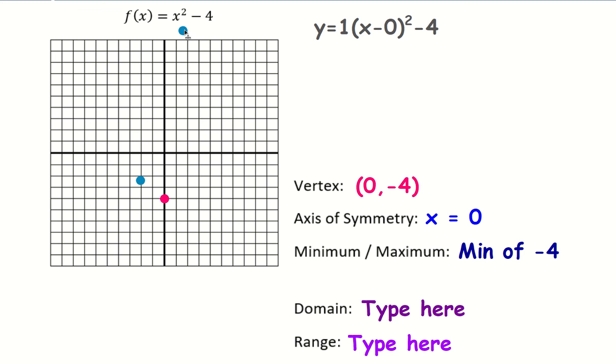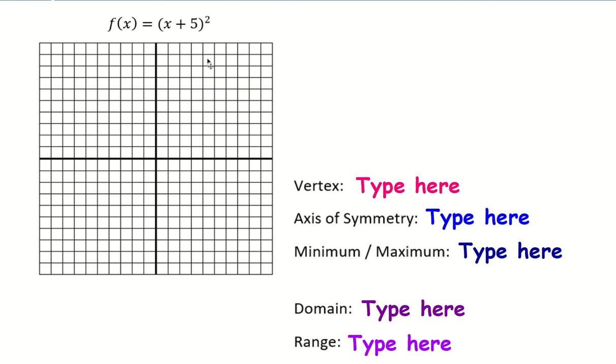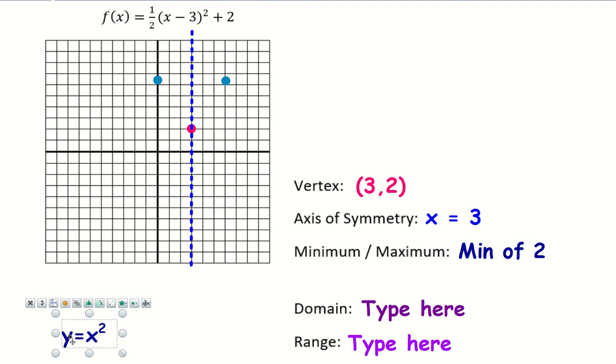So that means a point would be (1, -3). Anyway, looking at this, you could approach it like so. You could say, well, this would be just like the graph of y equals x squared.